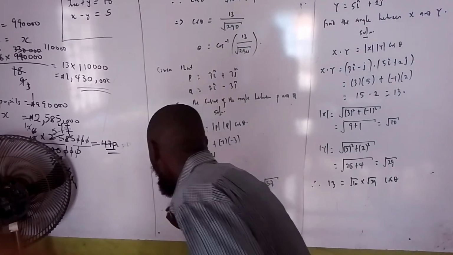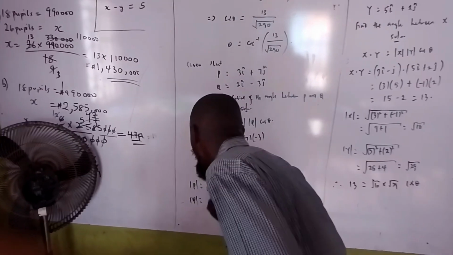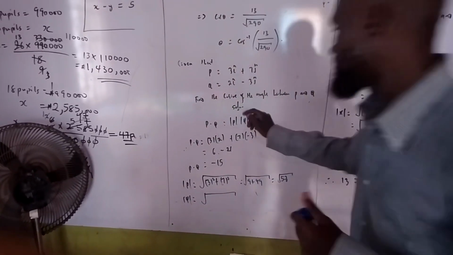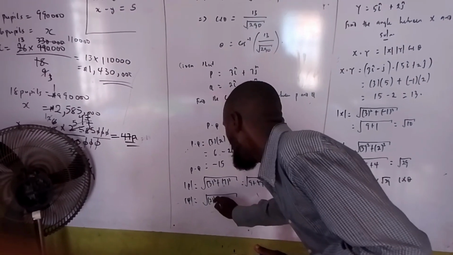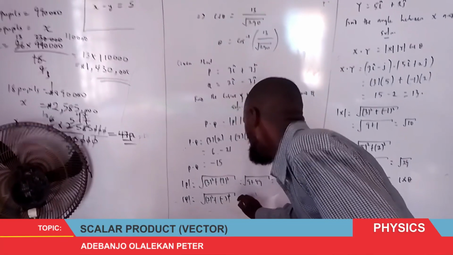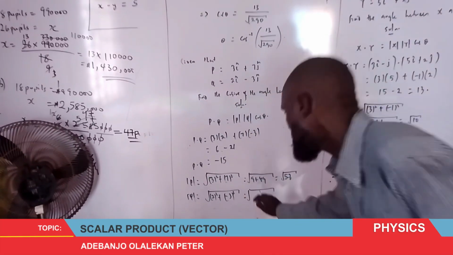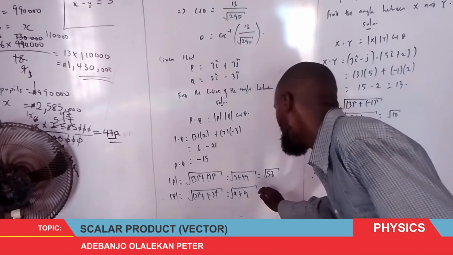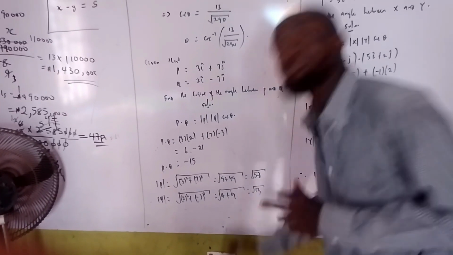Now, the magnitude of Q will also give the square root of 2 squared plus the coefficient of j, minus 3, squared. This will give the square root of 4 plus 9, which is the square root of 13.